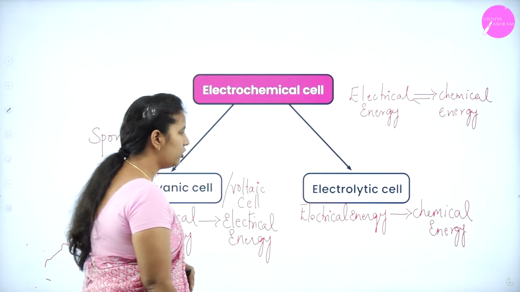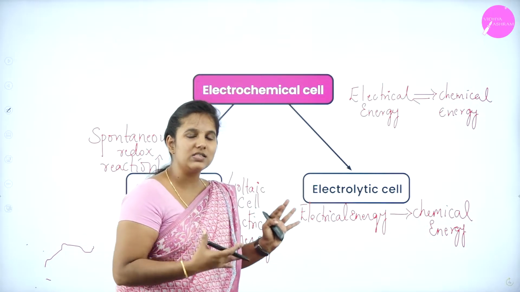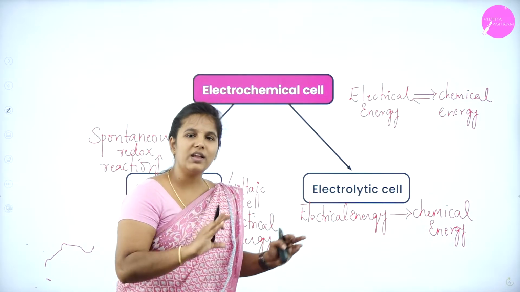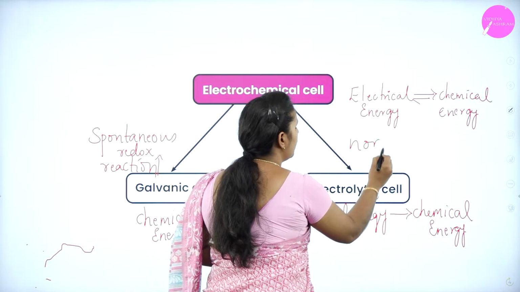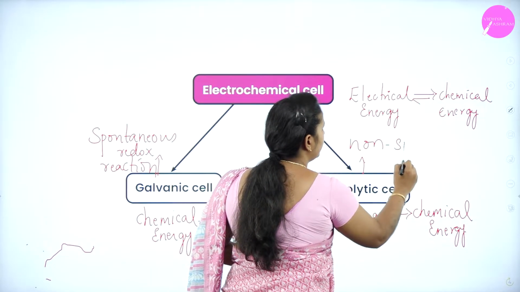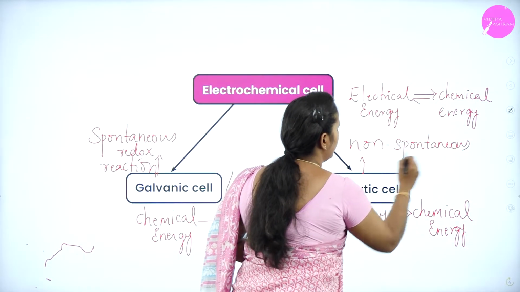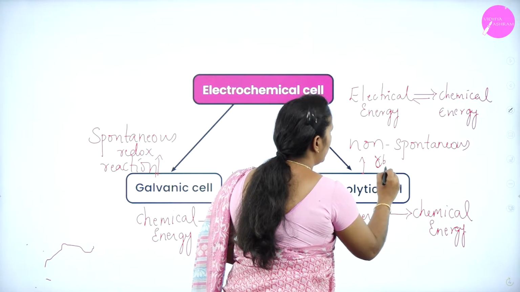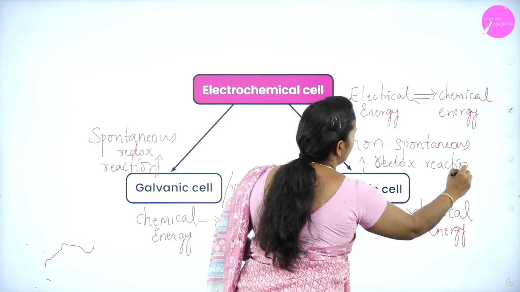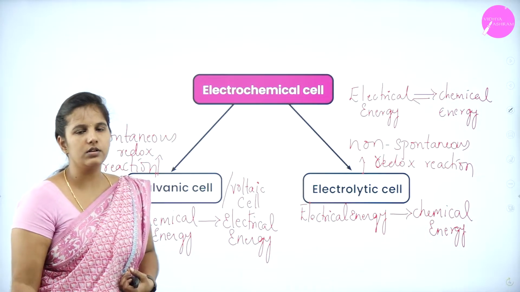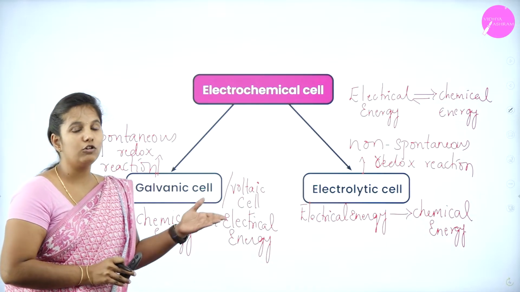Whereas in the electrolytic cell, it always needs extra energy to carry out the reaction. That is why it is known as a non-spontaneous redox reaction. Understood? So this is the difference between the galvanic cell and the electrolytic cell.